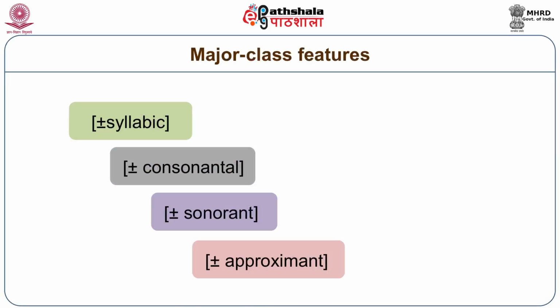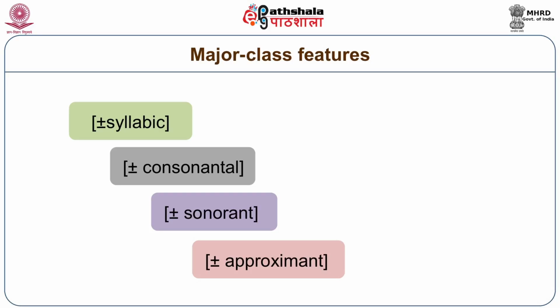The major class features, as you will see in the e-text material that you will be reading, are mainly three that we use today. We use the features plus, minus, syllabic. This gives us vowels on the one hand and those consonants which are not syllabic on the other. So syllabic consonants are plus syllabic along with vowels, and non-syllabic consonants are minus syllabic.